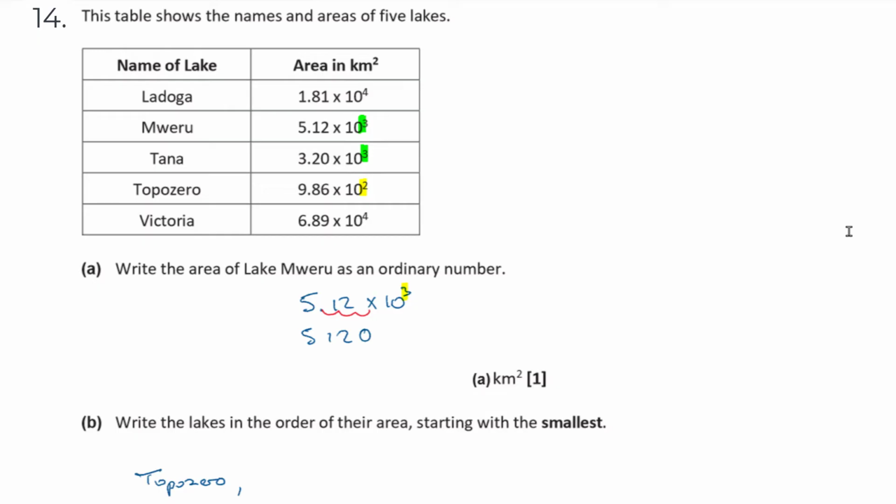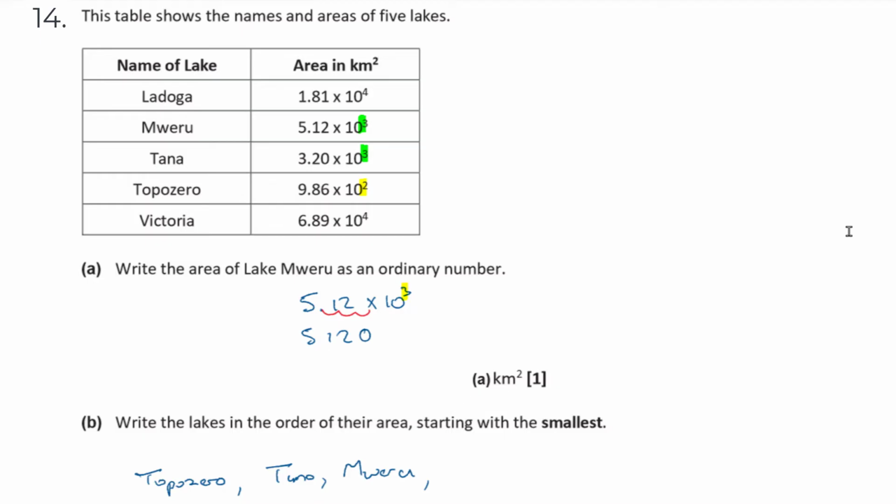So both of these lakes have areas in the thousands. Now, obviously, 3,000 is less than 5,000. So Tana is going to be the next smallest, and then Mweru, because 3.2 is less than 5.12, isn't it?